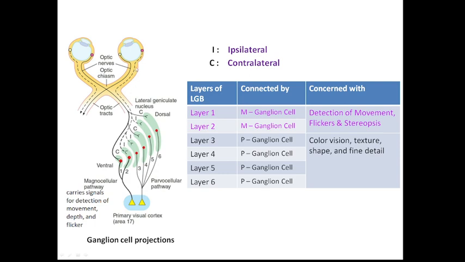For example, the ipsilateral connections are coming towards the second, third, and fifth layers.